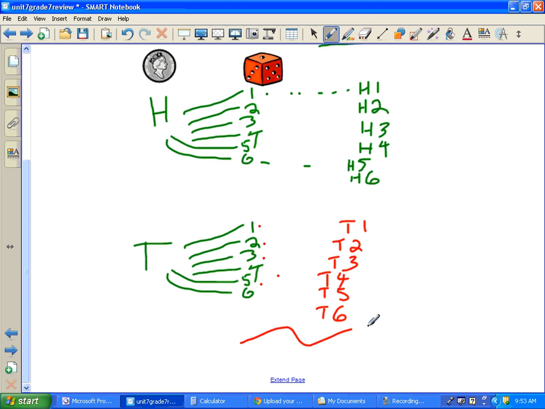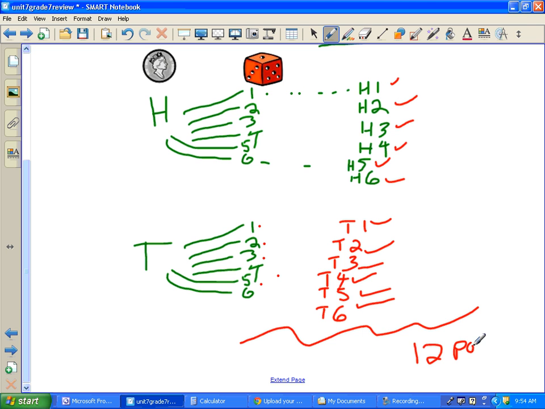So altogether, I could have gotten 1, 2, 3, 4, 5, 6, 7, 8, 9, 10, 11, 12 possible outcomes. So 12 possible outcomes if I flip a coin and then roll a die.